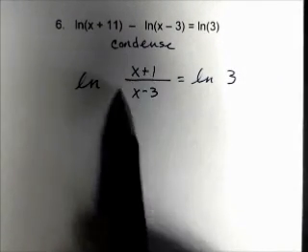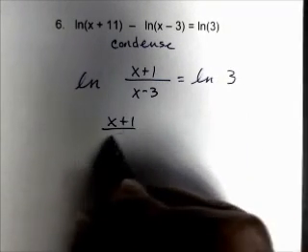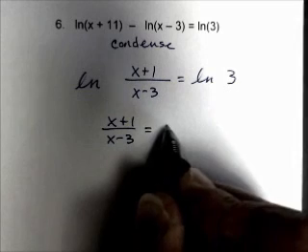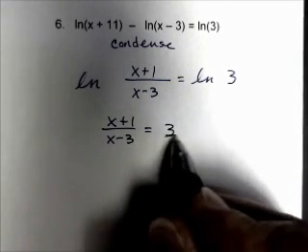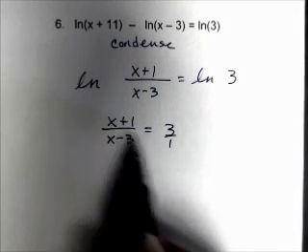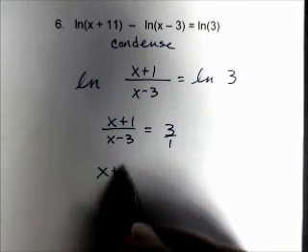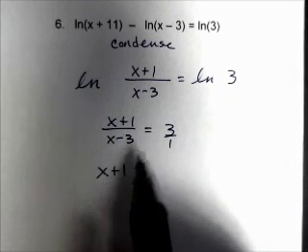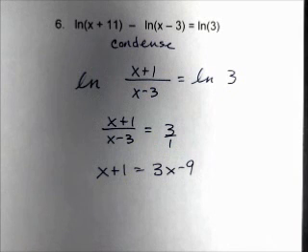So we can just set the arguments equal to each other, meaning x plus 1 divided by x minus 3 would have to equal 3. And I would express the 3 on the right-hand side as 3 over 1 and cross multiply. So x plus 1 is equal to, the cross products are equal in a proportion, remember, 3x minus 9.